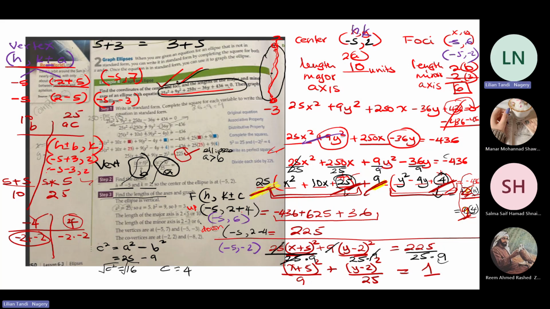So you have 2 points. Your other point will be -2, 2 and this one will be -8, 2. See? Look, we are genius. Same.